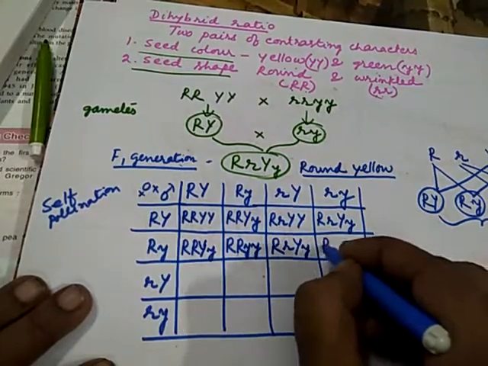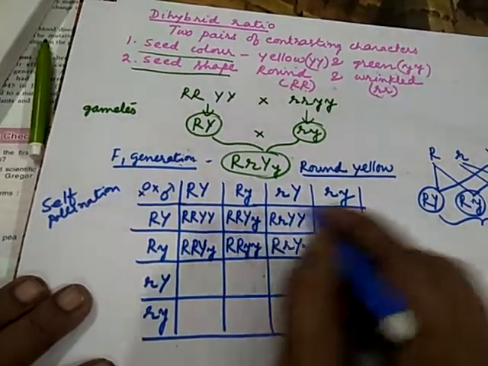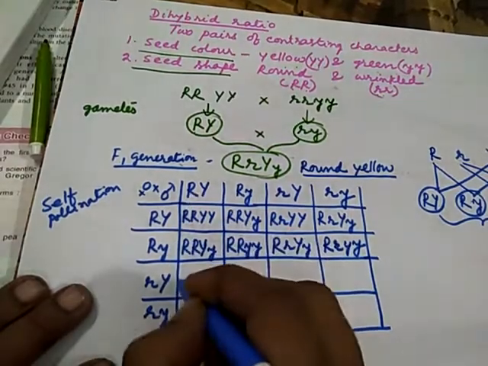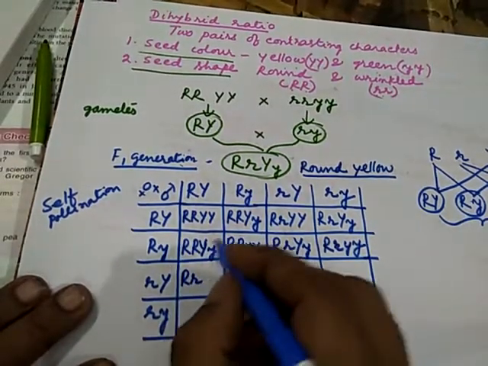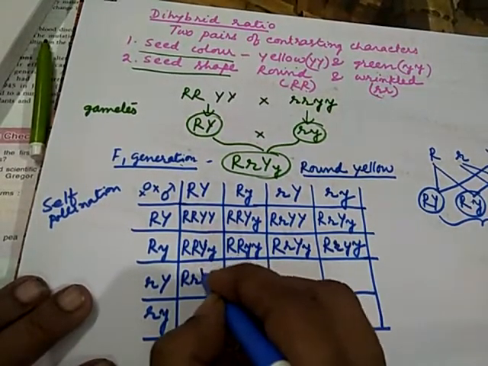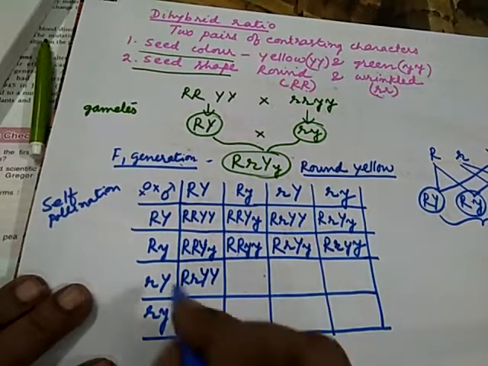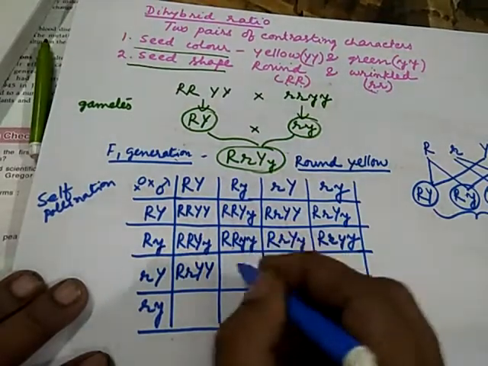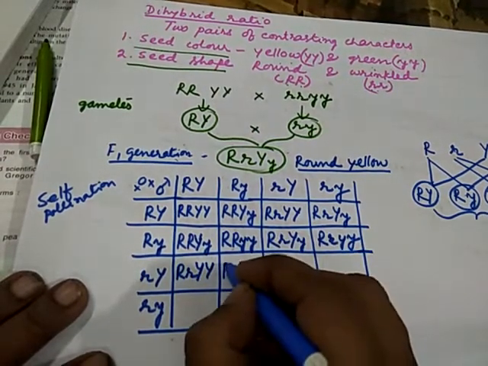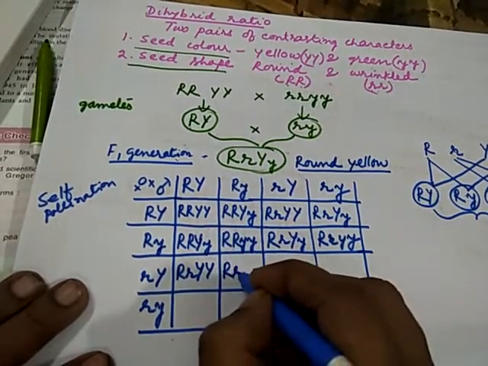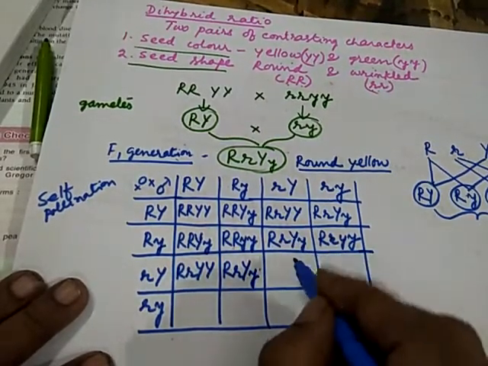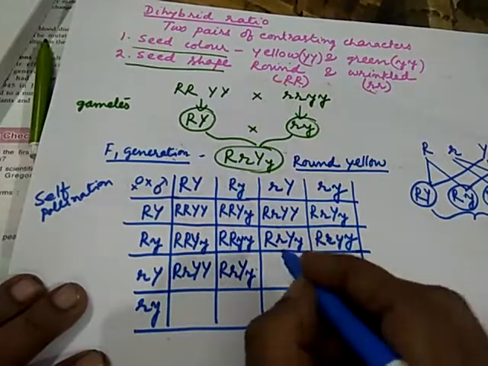So here again R, then R capital, small r, then Y, and I have written my small y with a little loop appearance, so that it is very remarkable. While writing you have to see which y you are using. If you write perfectly, then your result will be perfect.